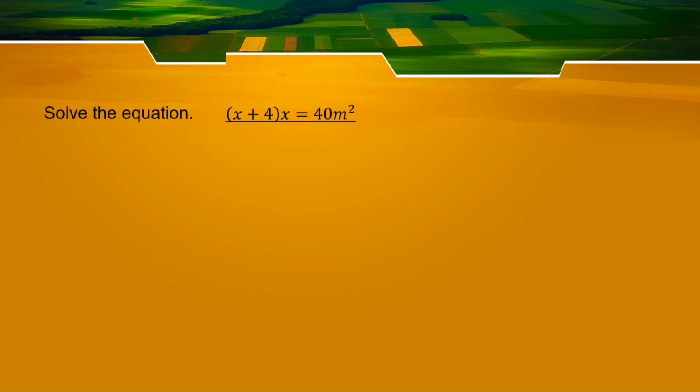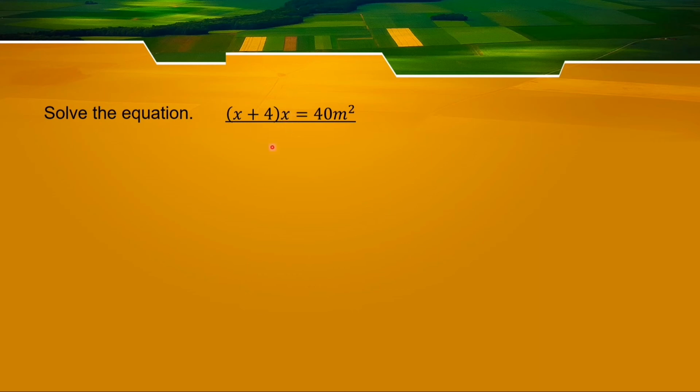the equation. So we have here x plus 4 times x is equal to 60 square meters. Which among these two expressions here is the length? Yes, the length is x plus 4 and the width is x.